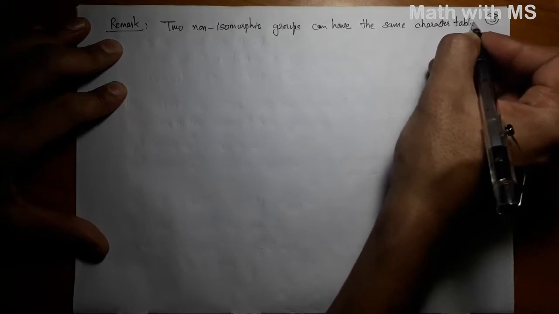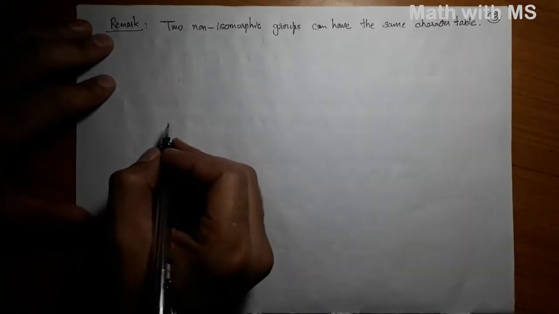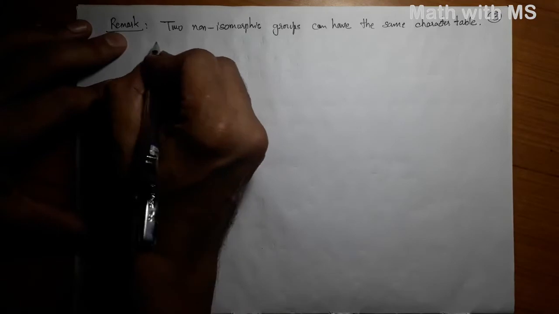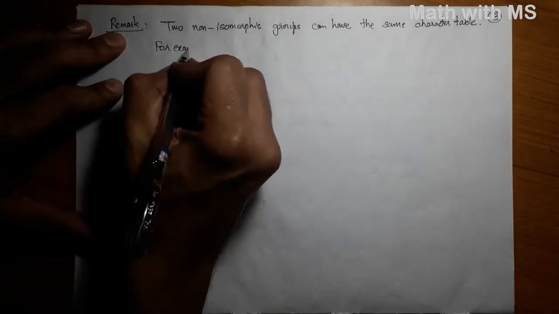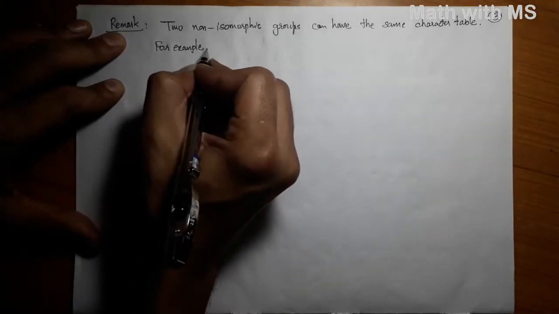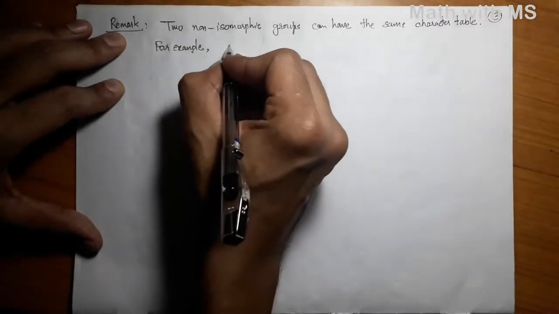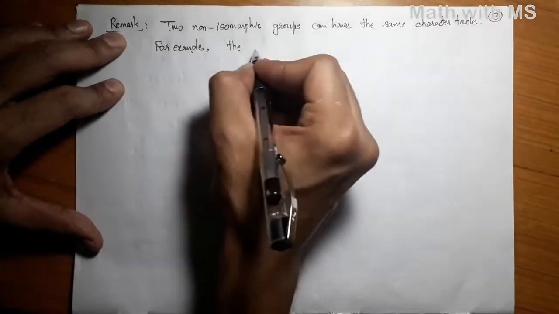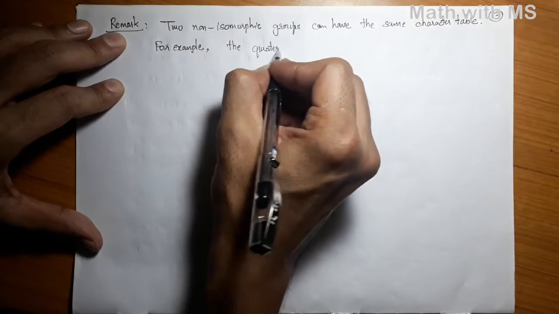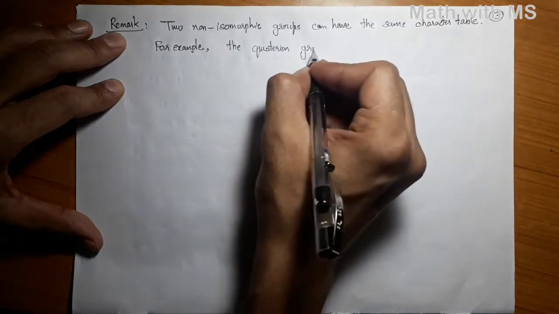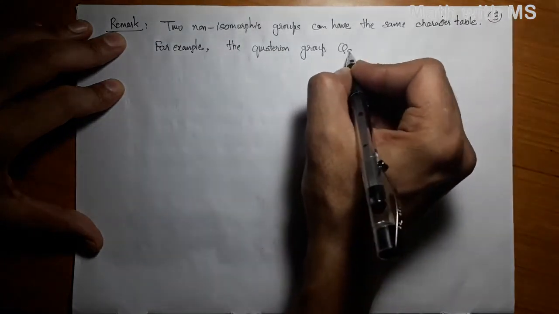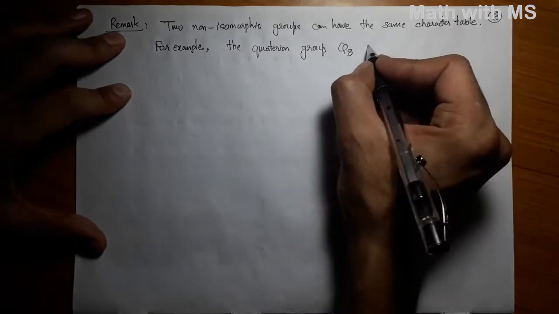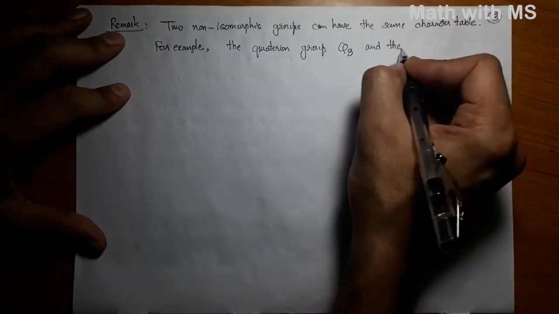So we should have an example at hand. For example, the quaternion group Q8 and the dihedral group D8 have the same character table.